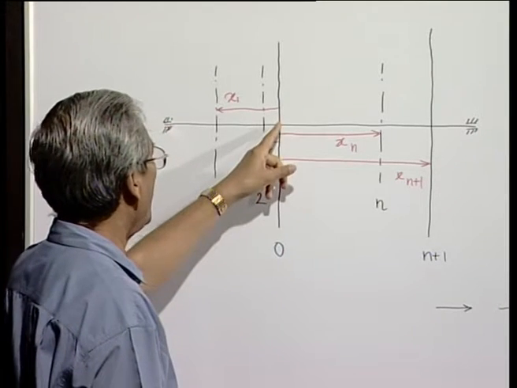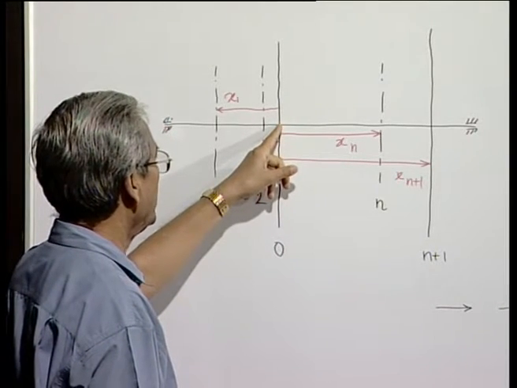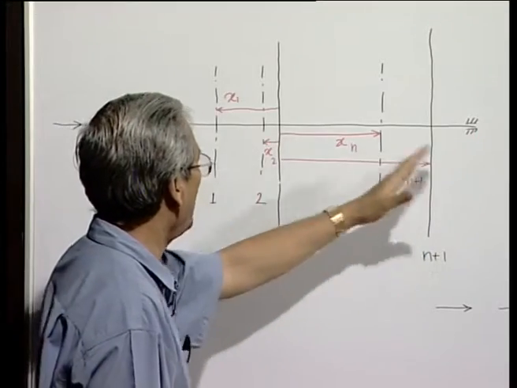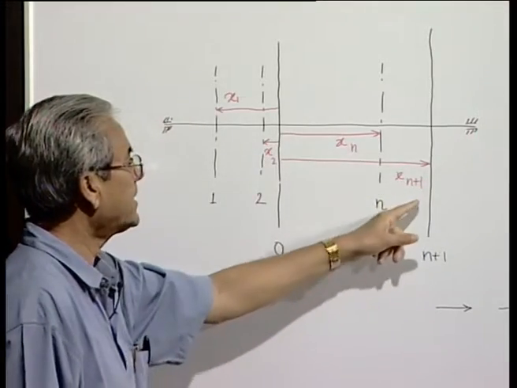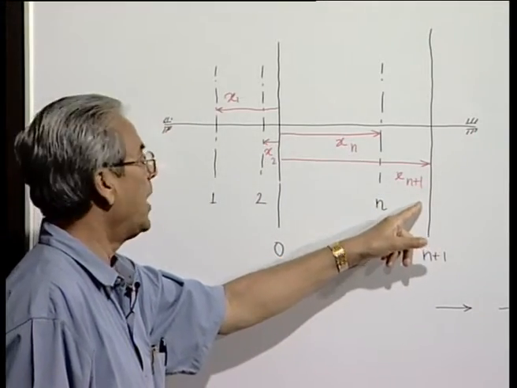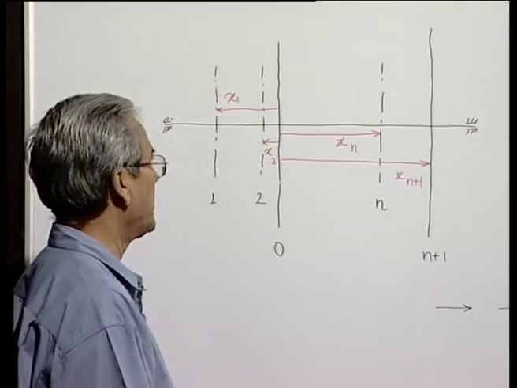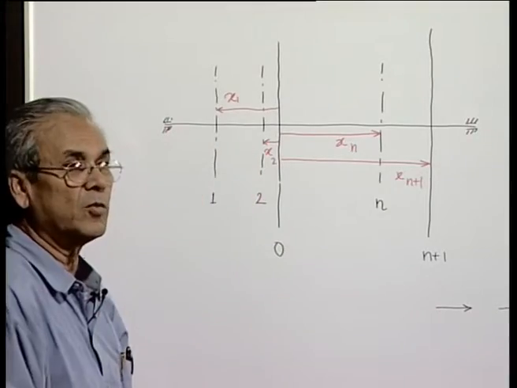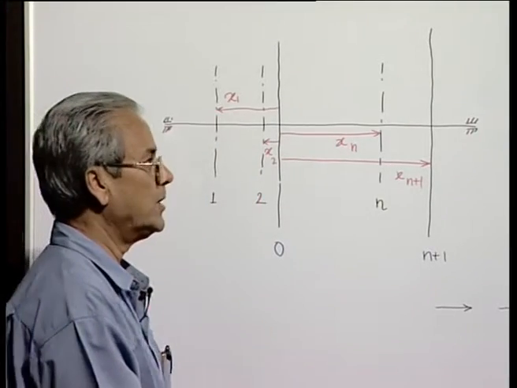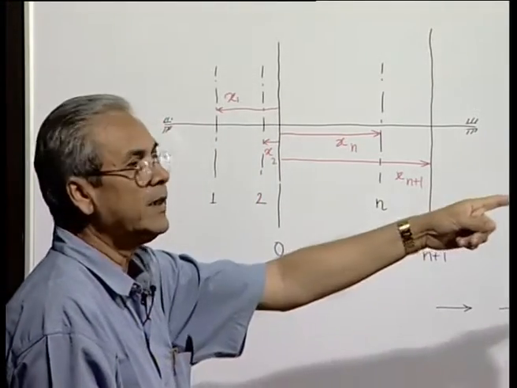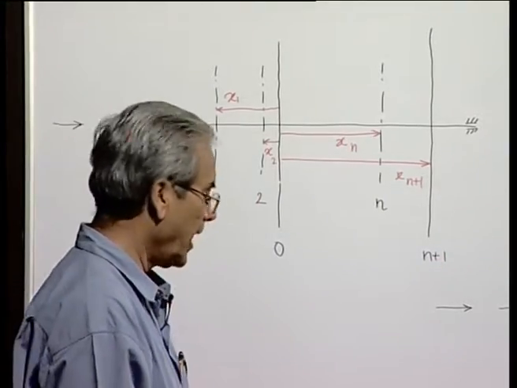So, when we take moment about this point, then the moment of all the unbalanced forces except the balancing force or balancing mass in the plane n plus 1, rest are all known. So, only one unknown is involved, and we can draw the moment vector diagram.